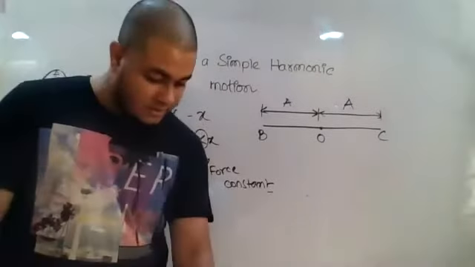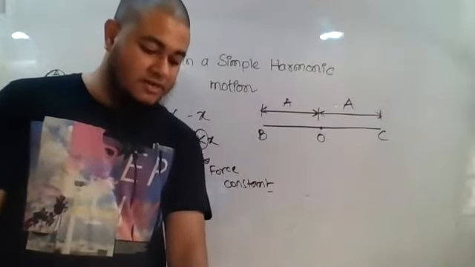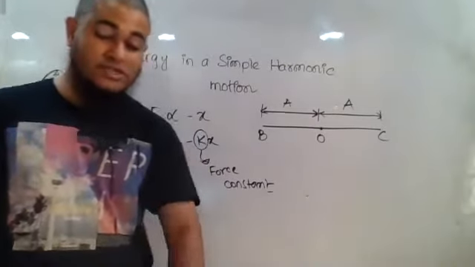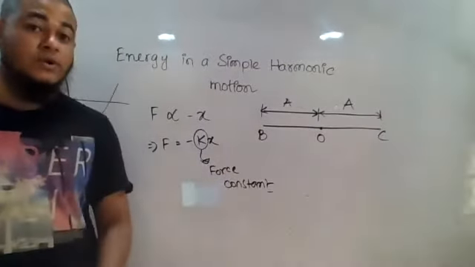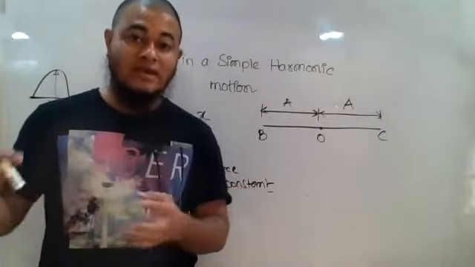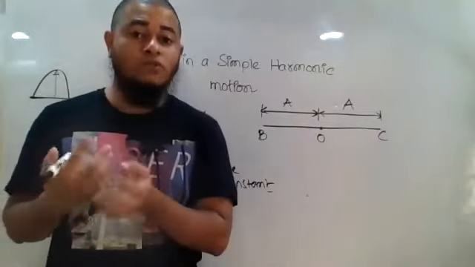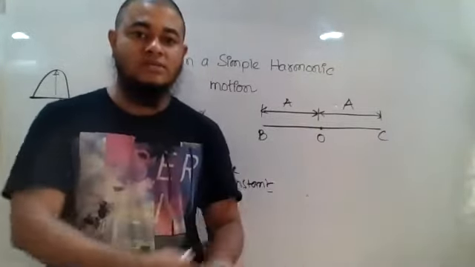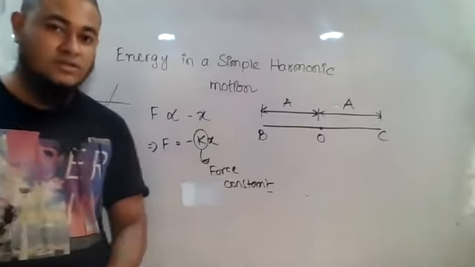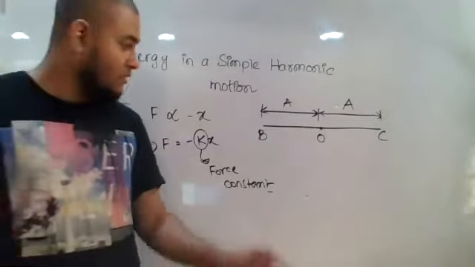The potential energy of a particle executing simple harmonic motion at a distance x from the equilibrium position is half kx square. This one we know from the spring. If you remember, the work done was half kx square. The amount of work done is equal to the potential energy that will be stored in the body.